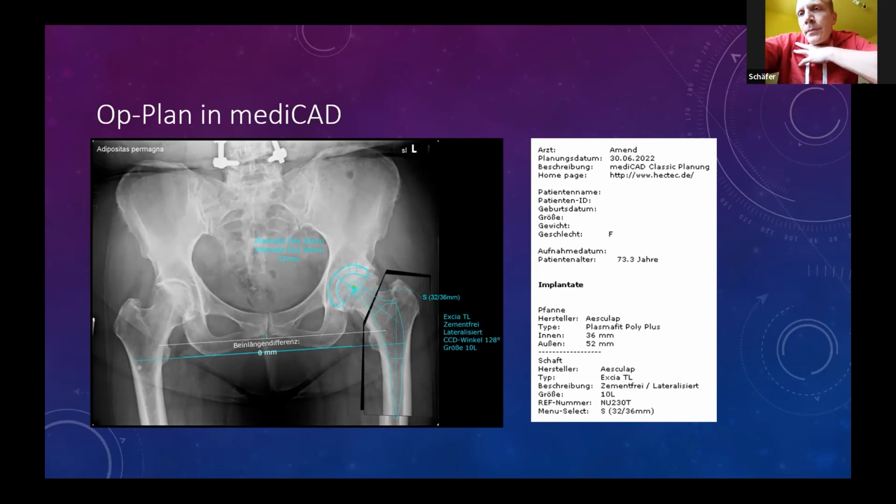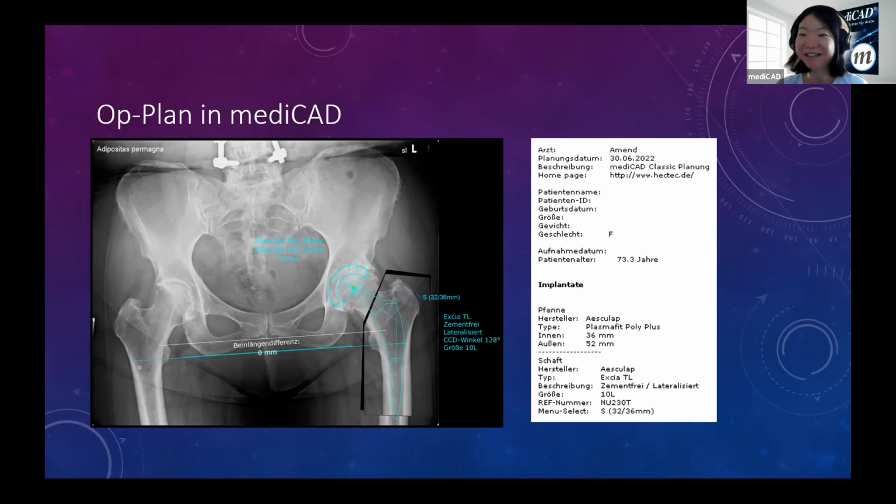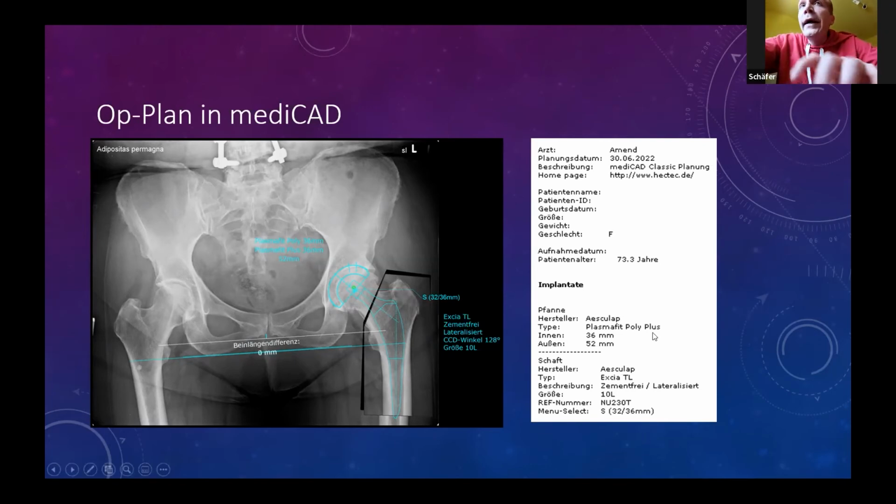Sometimes I do a CAT scan when I notice that the case is very complex. I will do as Dr. Yang said, a 3D CAT scan and plan in 3D or on two planes.